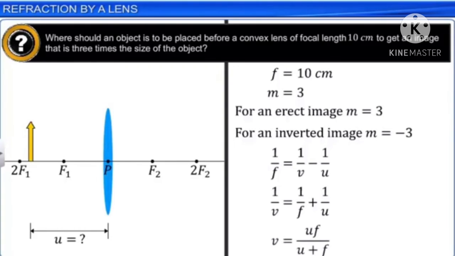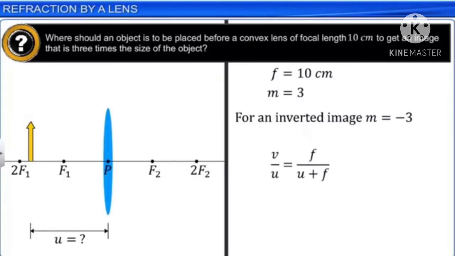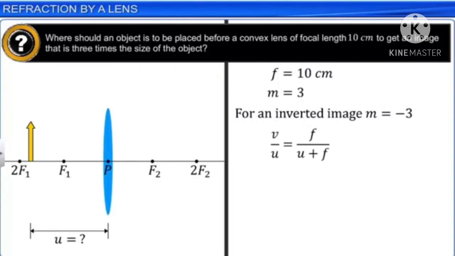Therefore, linear magnification m is equal to v by u, which is also equal to f by u plus f. If the image is real, then minus 3 is equal to 10 by u plus 10. On simplification, we get u is equal to minus 40 by 3.